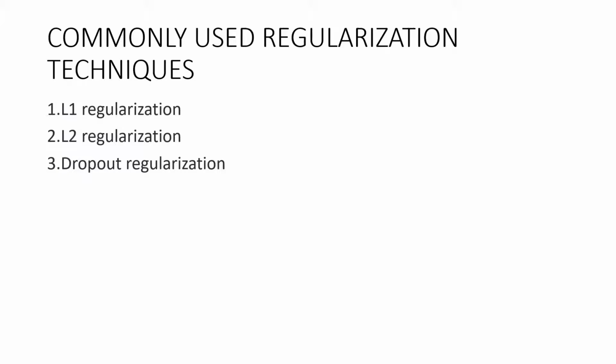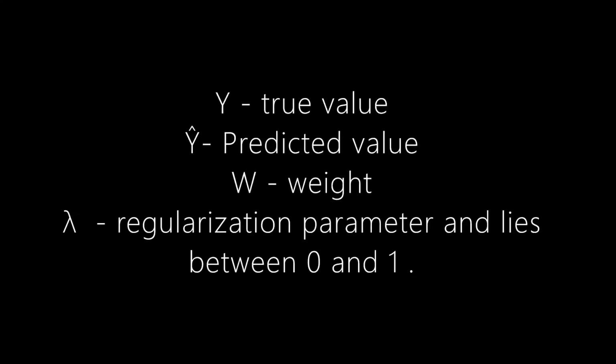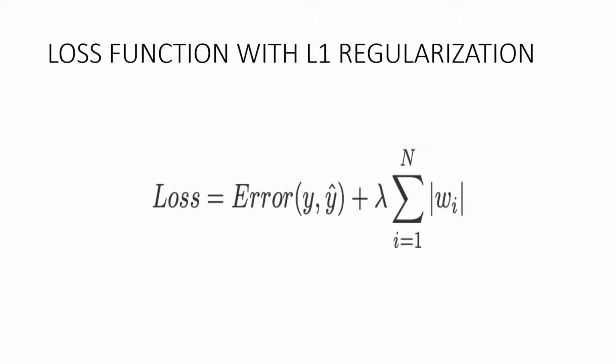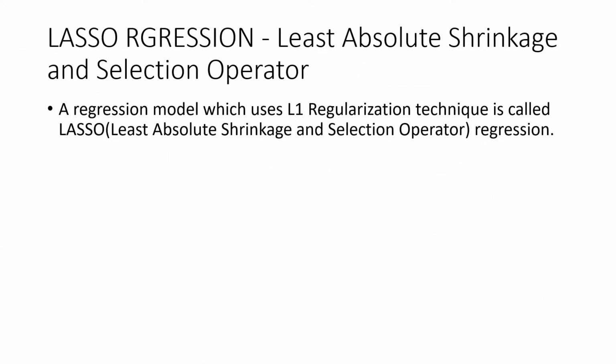Lasso regression adds the absolute value of magnitude of coefficient as a penalty term to the loss function. Ridge regression adds the squared magnitude of coefficient as a penalty term to the loss function.